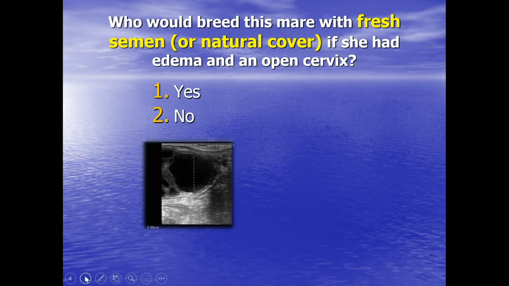And of course, how viable the sperm will be can depend on whether it's a natural cover, fresh semen scenario, chilled semen, or frozen semen, because the sperm lives a different number of hours, or days, depending on whether it is fresh, frozen, or chilled. So let's start our scenario with who would breed this mare with fresh semen or natural cover.